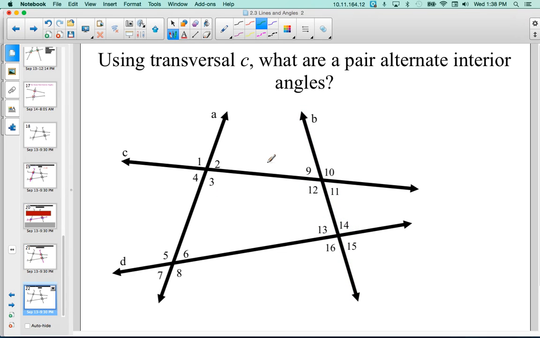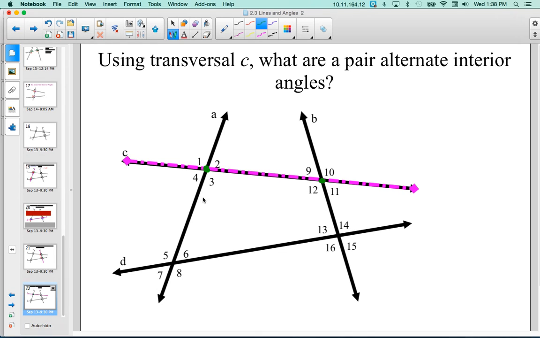And last slide, using transversal C, what are a pair of alternate interior angles? So again, narrowing things down, starting with C, our intersection points are here and here. These are our 2 boundary lines.